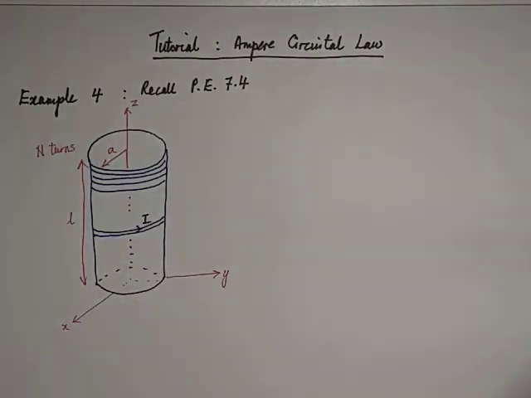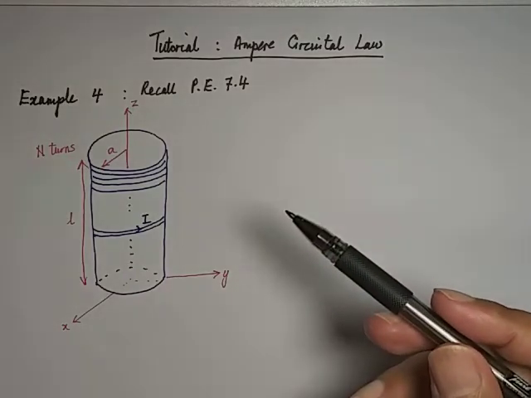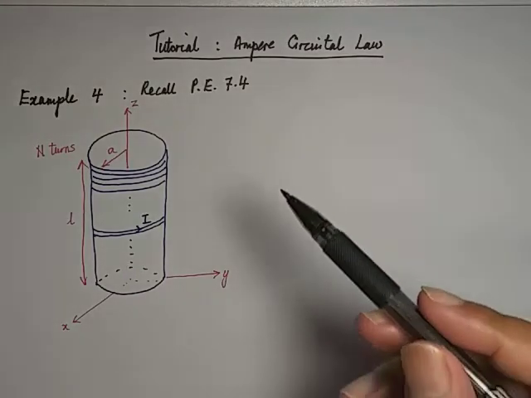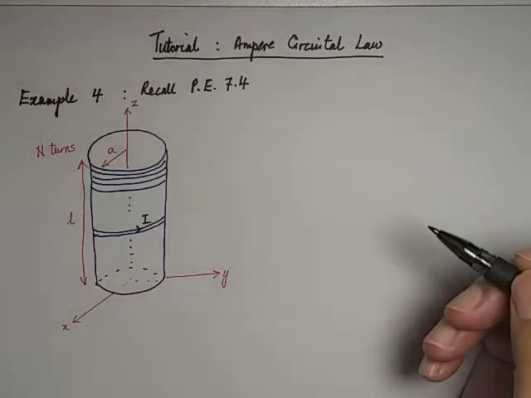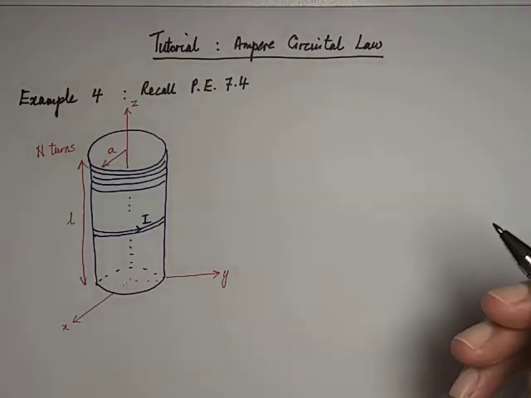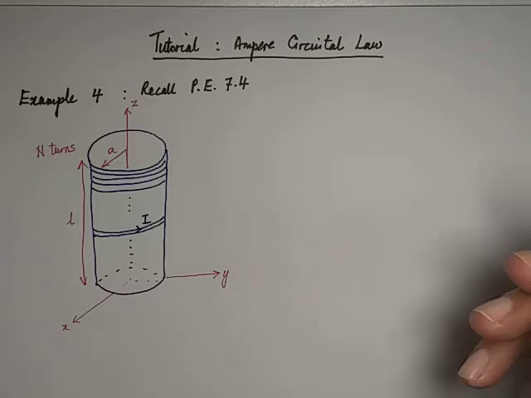That's what we have done in that problem. So now we're going to use that as our foundation for a problem related to Ampere's circuital law. Okay, so let's state the description of the problem here.